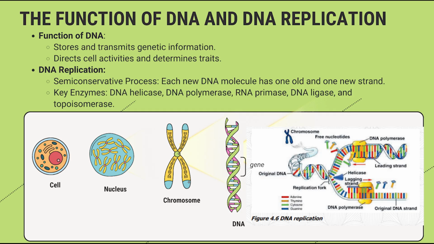Enzymes such as DNA helicase, DNA polymerase, DNA primase, DNA ligase, and topoisomerase work together to ensure that the genetic code is copied accurately. Figure 4.6 illustrates this process.